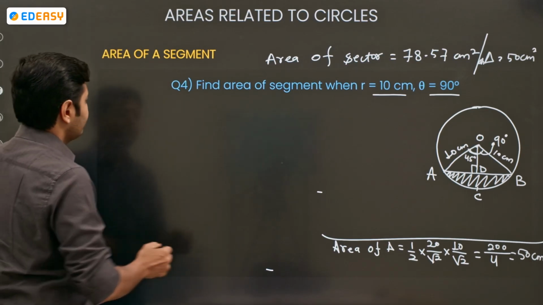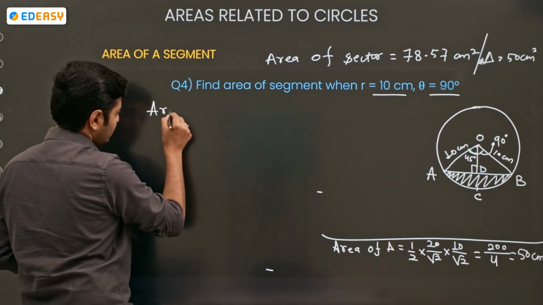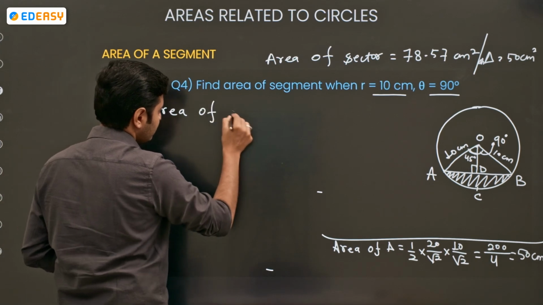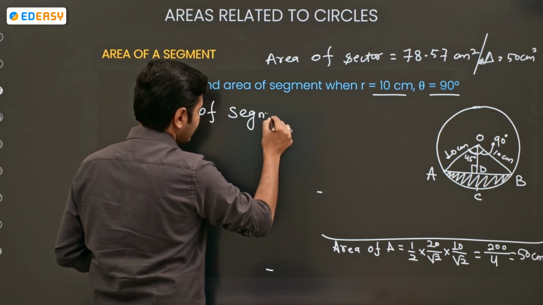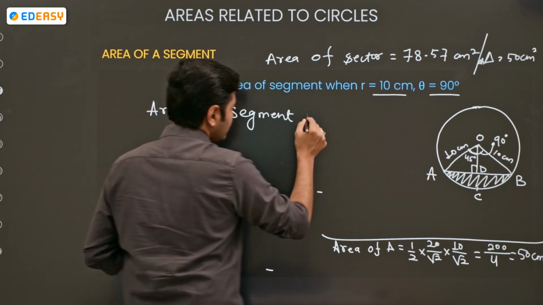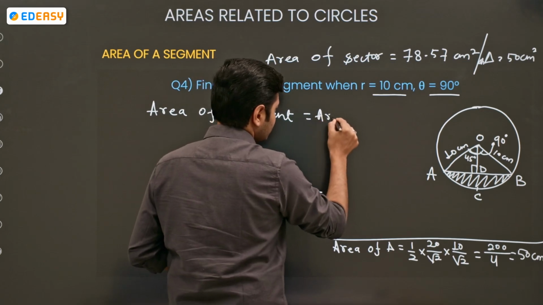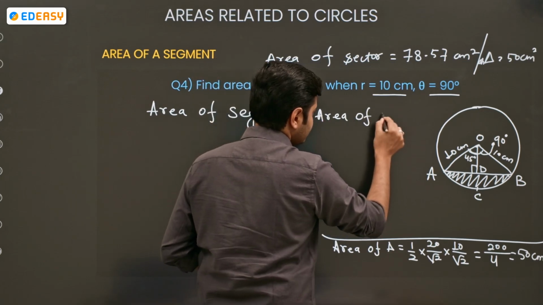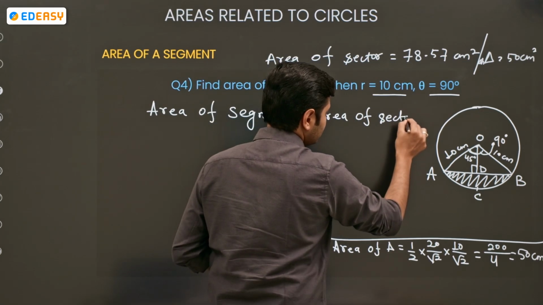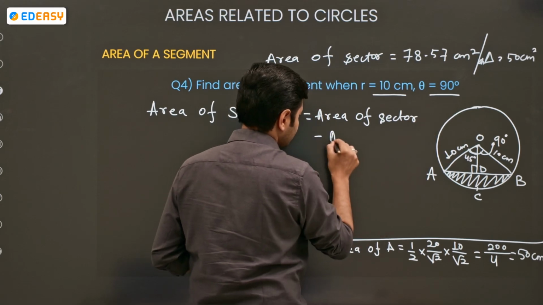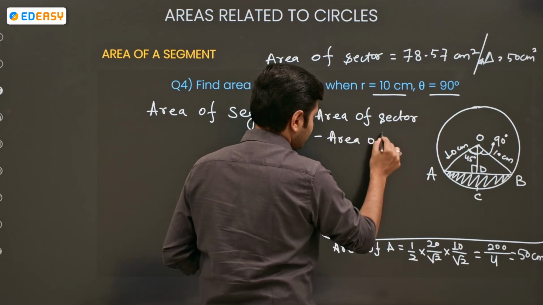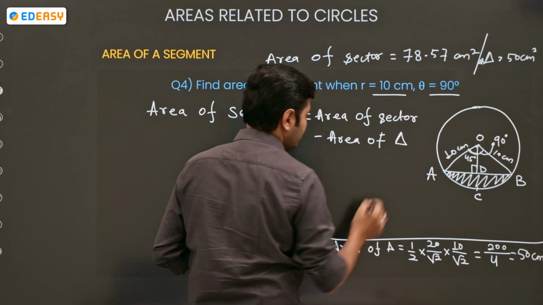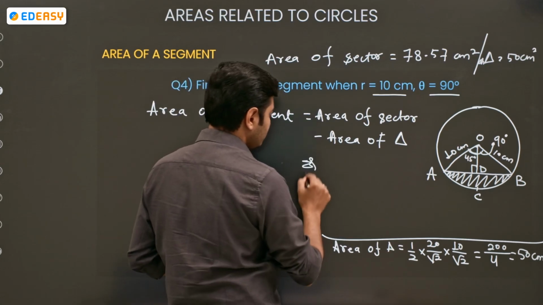Okay. Now area of segment is equal to area of sector minus area of triangle. Both the values are known to us.